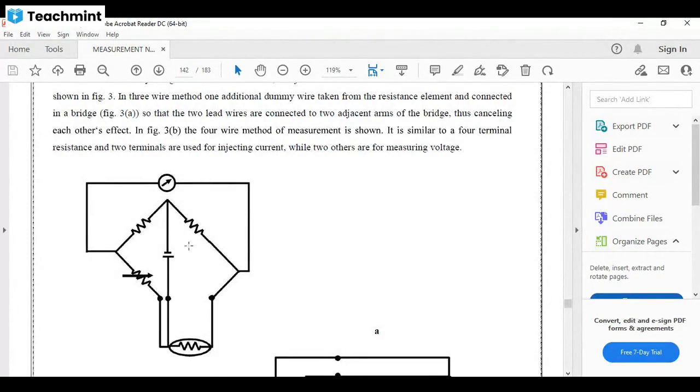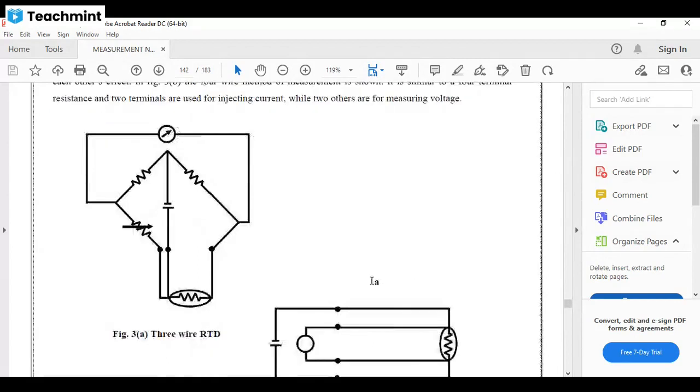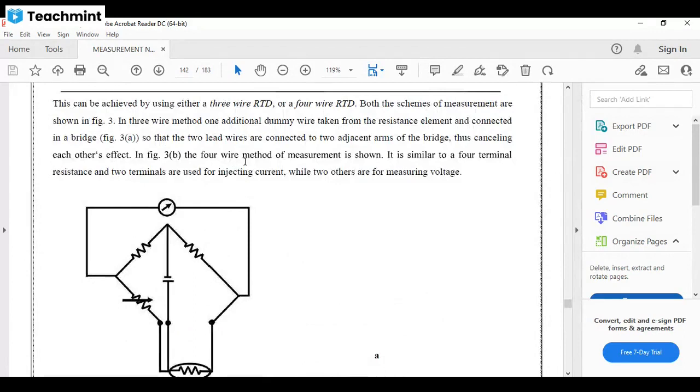The figure shows that two lead wires are connected to adjacent arms, just as a reminder of the Kelvin double bridge working principle, so they cancel each other's effect. The second figure shows the 4-wire method of measurement. It is similar to the 4-terminal resistance measurement, so 2 terminals are used for injecting current, while the other 2 are for measuring voltage.